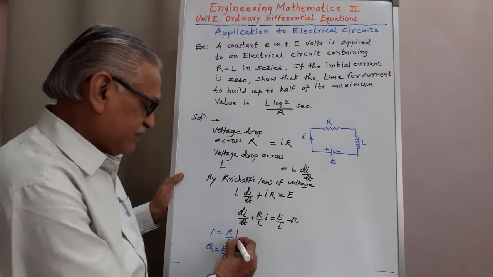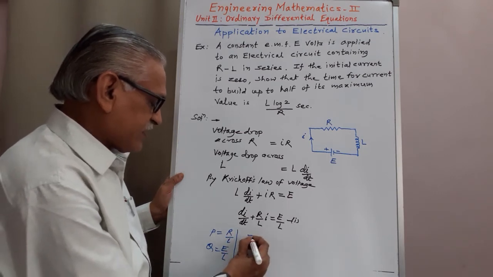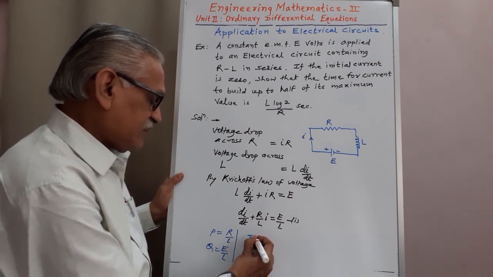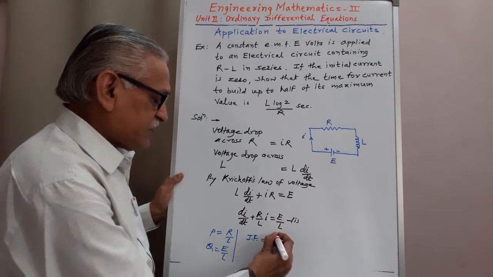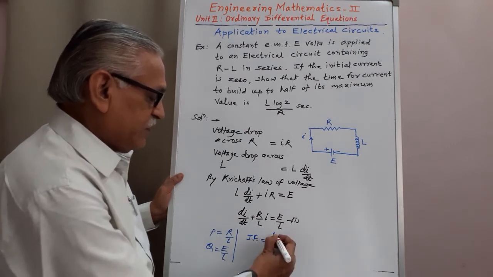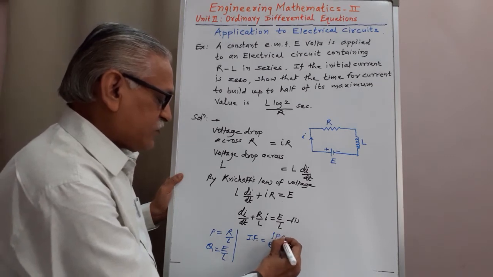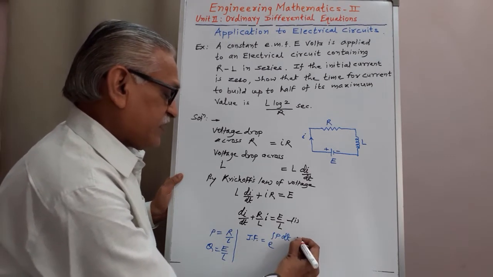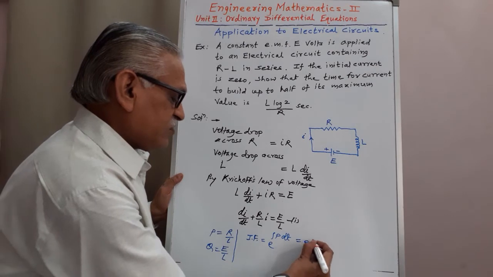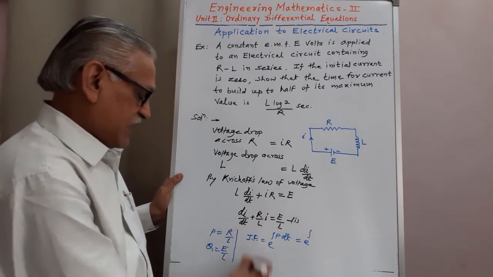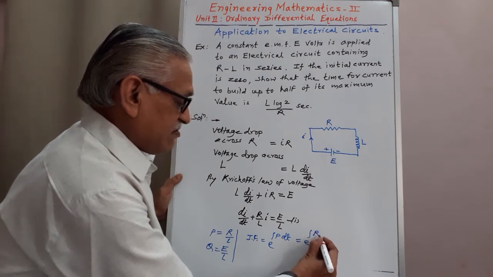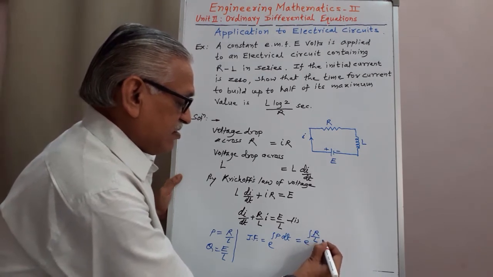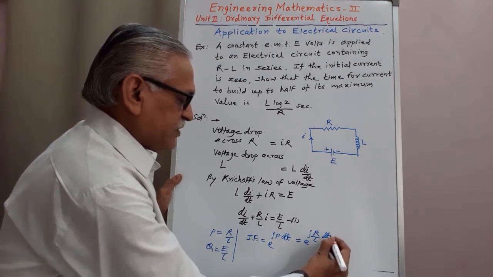Then we find the integrating factor. IF is equal to e raised to the integration of P with respect to t, and therefore it is e raised to the integration of R by L, and its integration with respect to t.